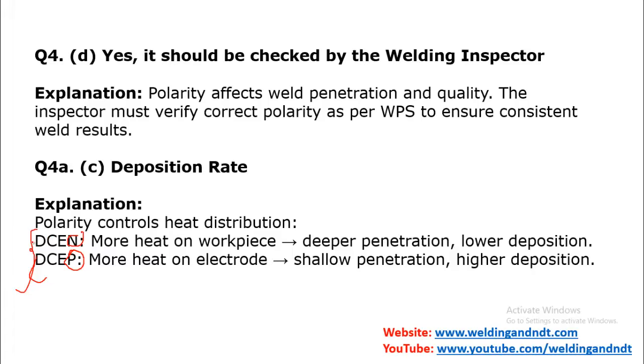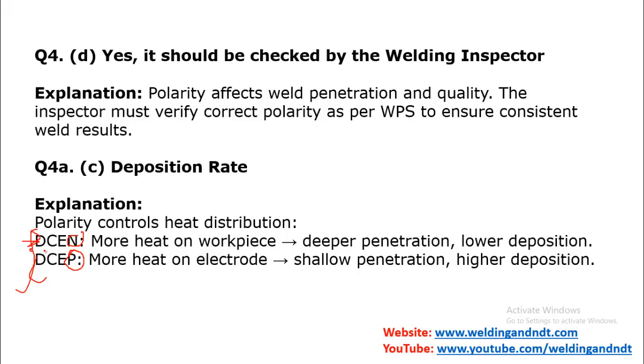So most of the welding processes are carried out with DCEN polarity. Most of the welding processes are carried out by DCEN, means electrode will be connected with the positive terminal, and workpiece will be connected with the negative terminal.